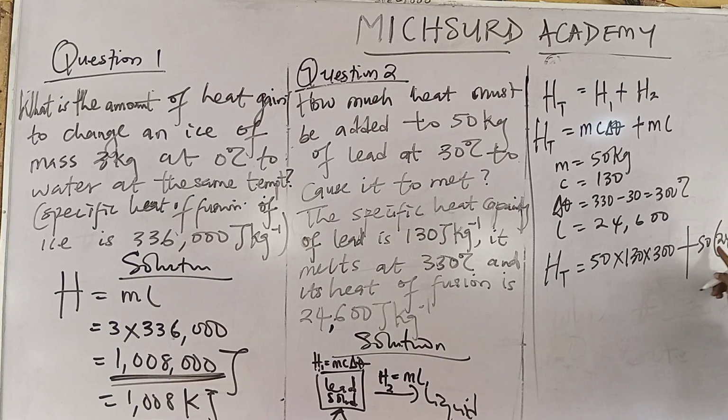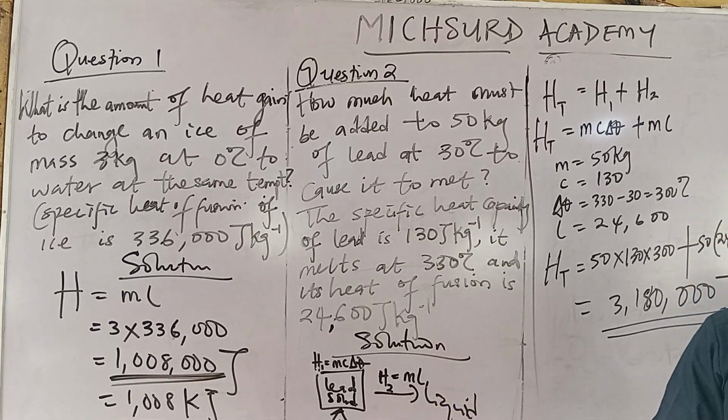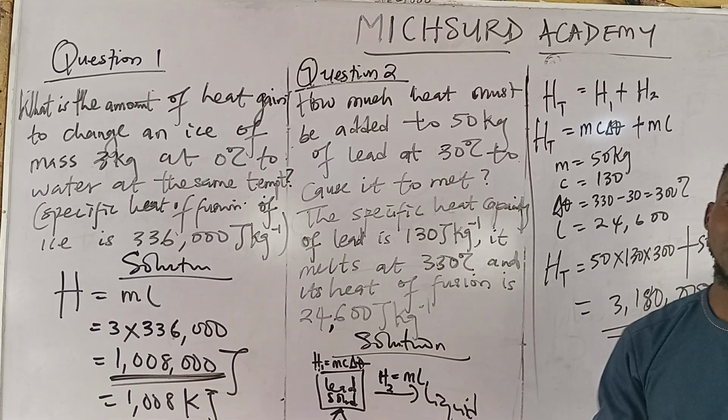If you multiply this and add up together, this will give us 3,180,000 joules. So that is the heat required. With this, we have been able to solve question 1 and question 2 using the latent heat idea.